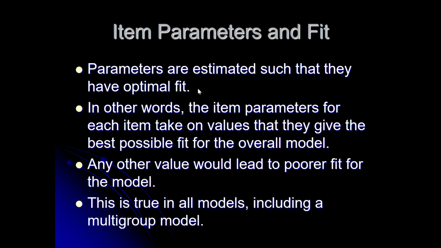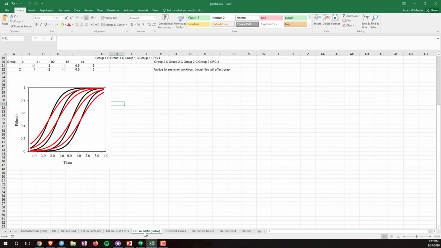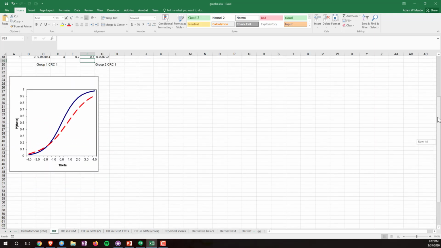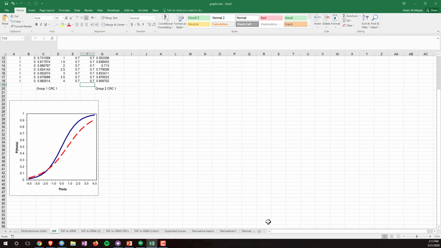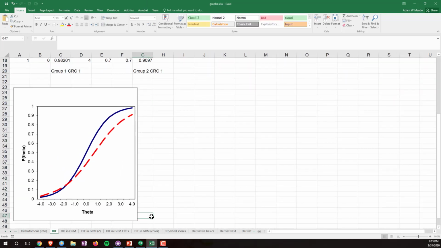So I want to go back now to the graphs, and we'll look for the graphs we have on DIF. If I can scroll over to that, we'll take a look at that. So let me go to this one first. For this case, what would have happened to give us this graph is that we would have had some set of observed responses, from our data, and we estimate the thetas, and we also estimate the item parameters.